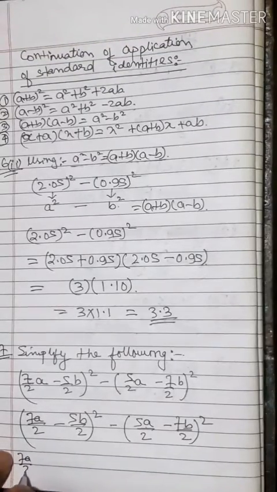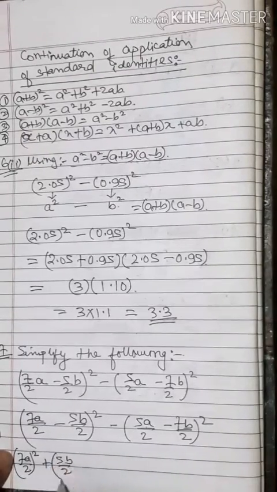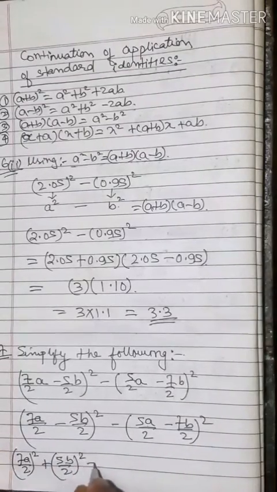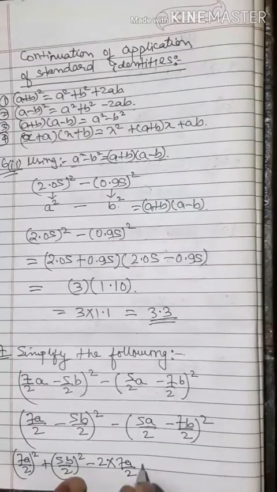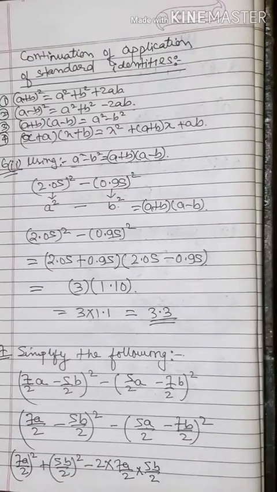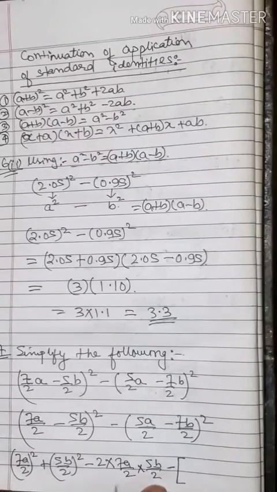So this is (7a by 2) whole square plus (5b by 2) whole square minus 2 into a into b. So what's this? This is the expansion of the first bracket only. Okay, minus, now the same thing, (a minus b) whole square.